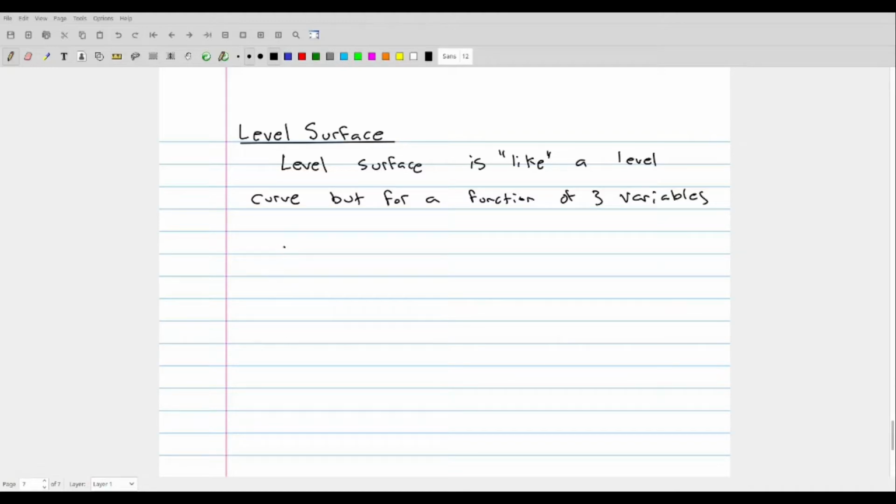Specifically, if we have a function of three variables, f of x, y, z, the level surface of this function is what happens when, so the output is w, and the function is f of x, y, z. The level surface is what you get when you fix w equal to c for some fixed c value, and you consider the set of points x, y, and z that satisfies f of x, y, z equals c.